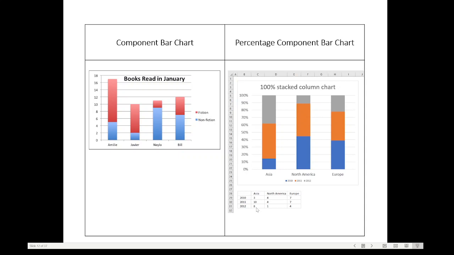So that means you have how many? 21, right? So you have 21 altogether. When you combine 3, 10, and 8, you get 21. So to calculate the percentage, what you need to do is just simply take 3 divided by 21 and then multiply with 100.